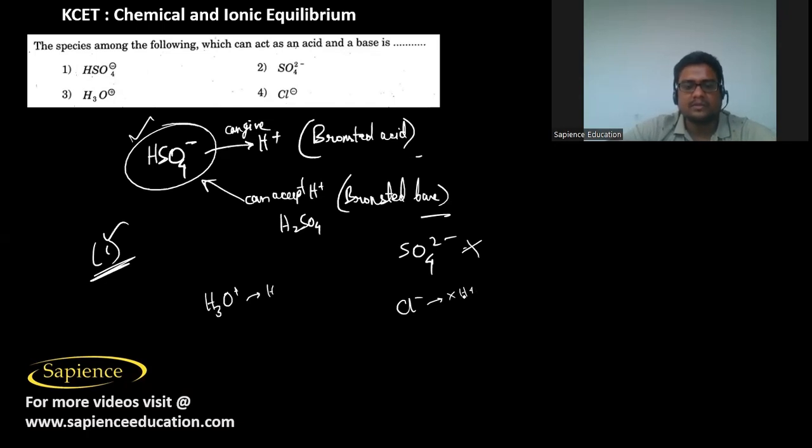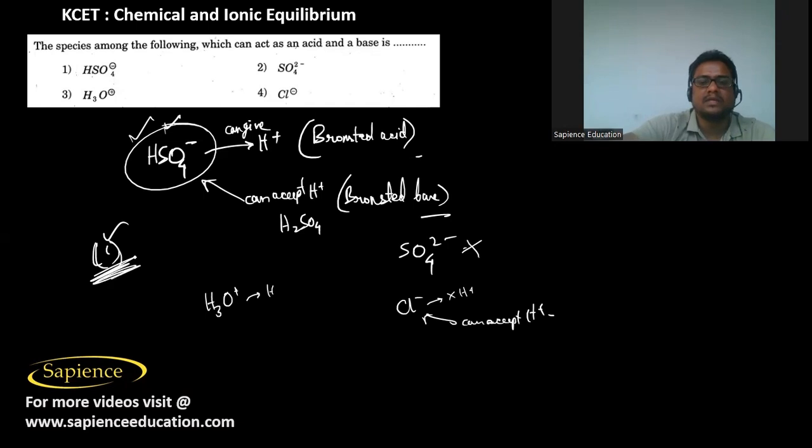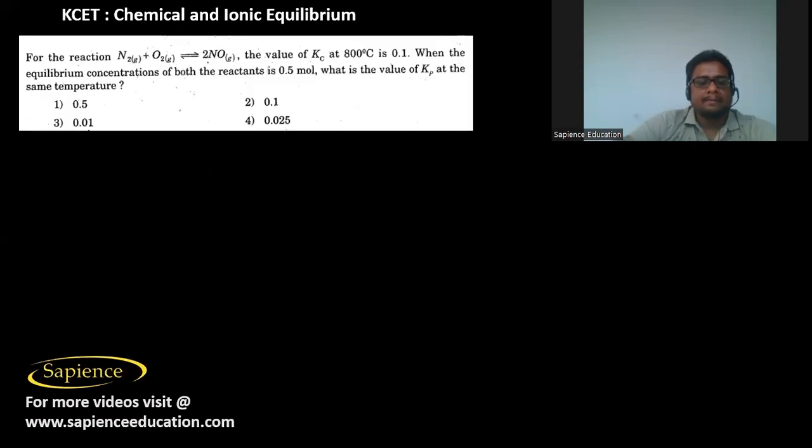But it is a Bronsted base since it can accept H plus ion. So HSO4 minus is the only one out of these four which can accept and give H plus. So option 1 is the correct answer. It can act both as a Bronsted acid and a Bronsted base.